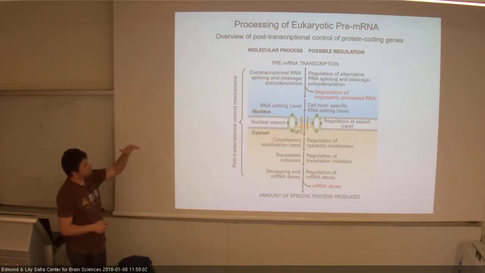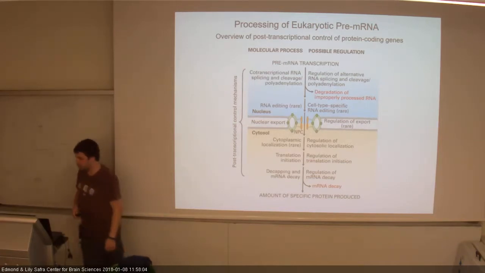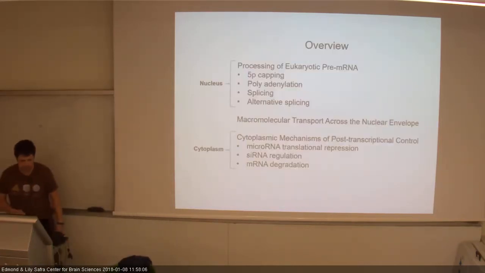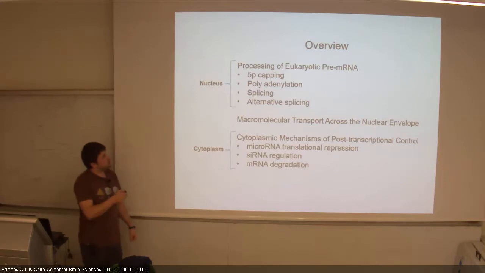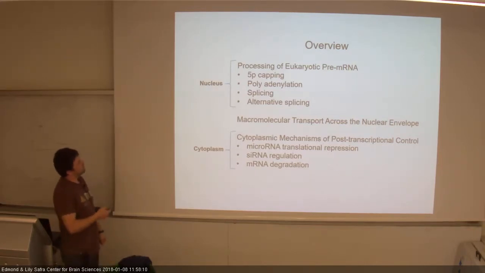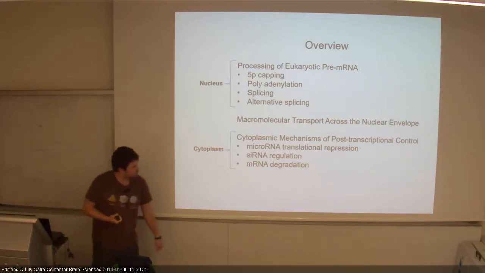So all of these are levels of regulation that we see inside the cell, and we will divide this chapter again into the nucleus and the cytoplasm. First, we'll start with very basic processes that happen to eukaryotic mRNA, which are capping, polyadenylation, splicing, and alternative splicing, and then transport, and then we'll describe cytoplasmic mechanisms of post-transcriptional control.